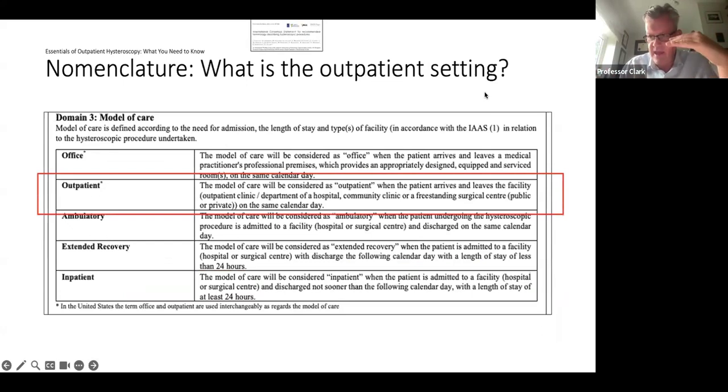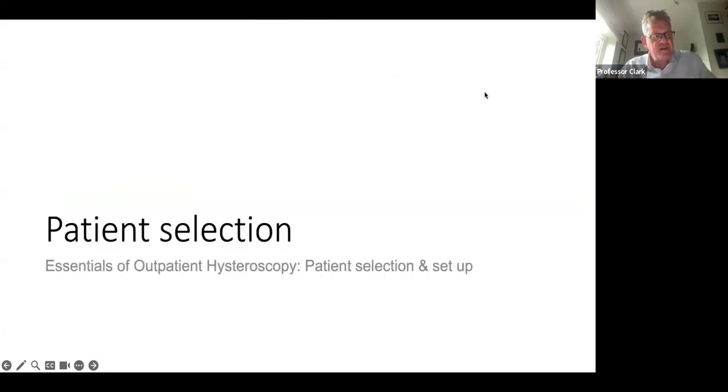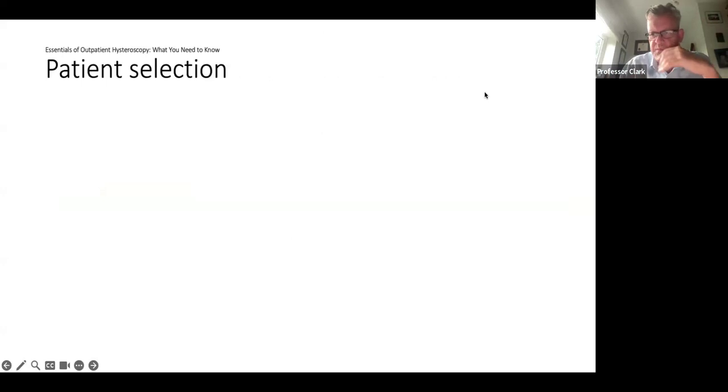And as I say, the analgesia is up to level 3A, whereas an ambulatory or day case procedure generally is one where either deep conscious sedation or regional or general anaesthesia is used. So I hope that's clear. If you can look at the paper, it's open access. There's one or two other definitions around other areas of practice, but that's the key thing we're talking about when we talk about an outpatient hysteroscopy.